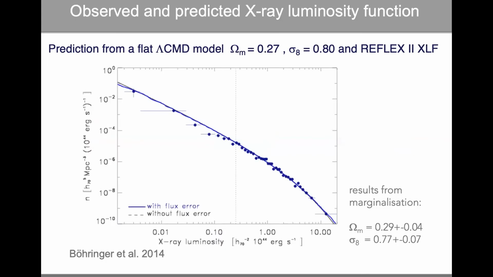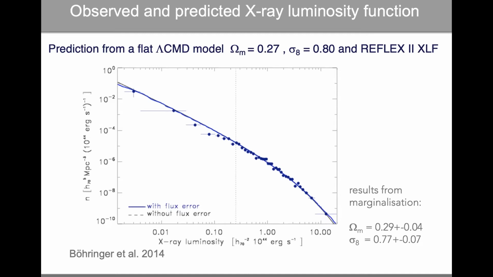So I have shown this yesterday already. One of the statistics that comes out of the survey is a galaxy cluster X-ray luminosity function, and it's just how many galaxy clusters we find as a function of X-ray luminosity. It's a differential function, so we find a large density of less luminous clusters, and the function dives down very rapidly if we go to the most massive and most luminous galaxy clusters.